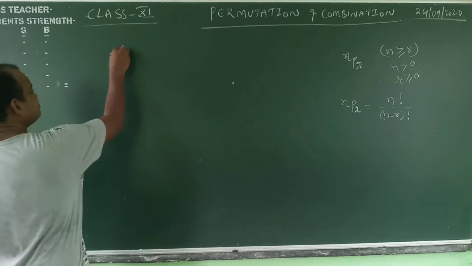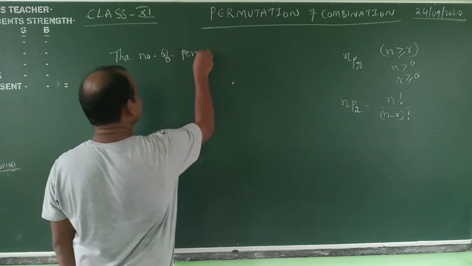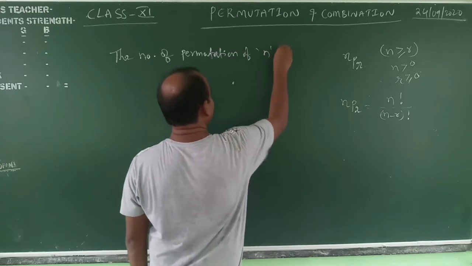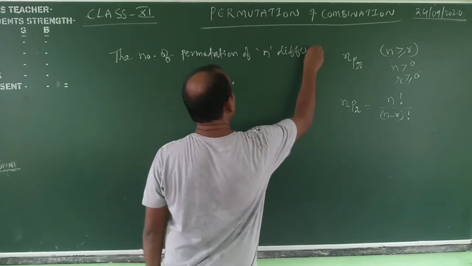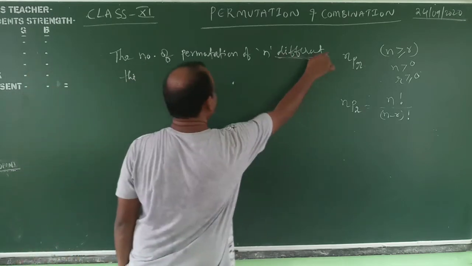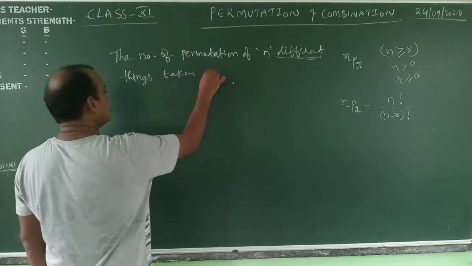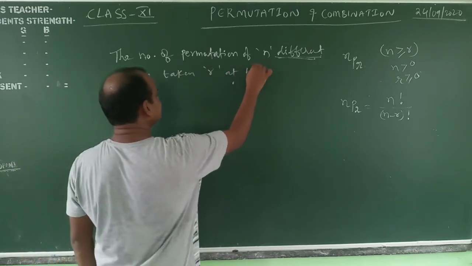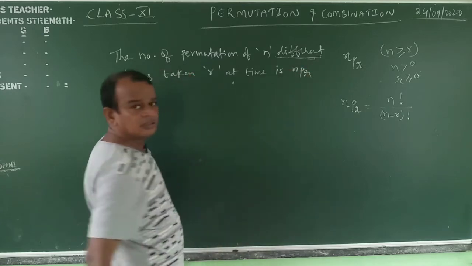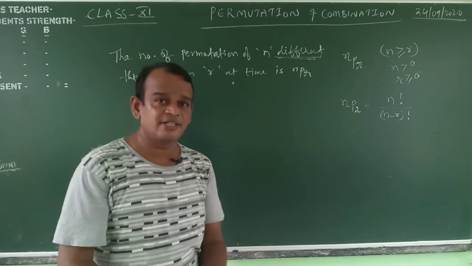The number of permutations of n different things taken r at a time is nPr. For suppose here 4 students are there, we will take 2 students.